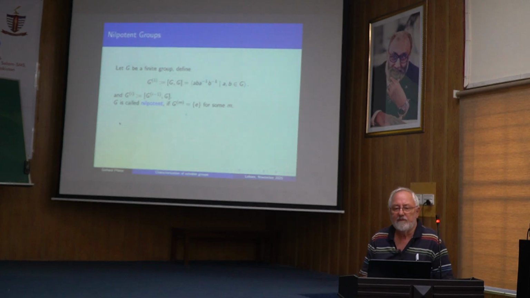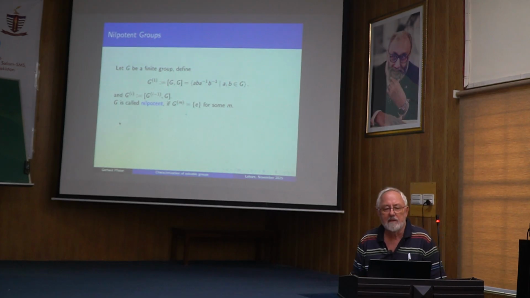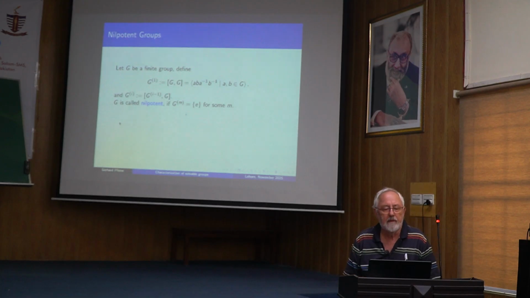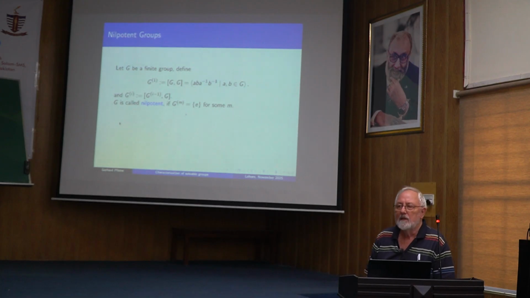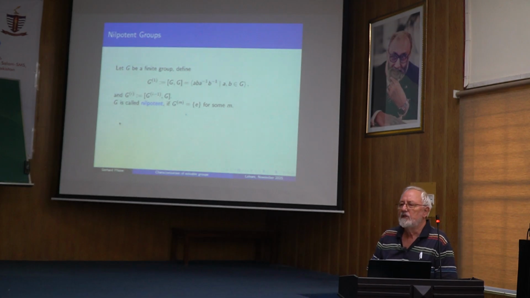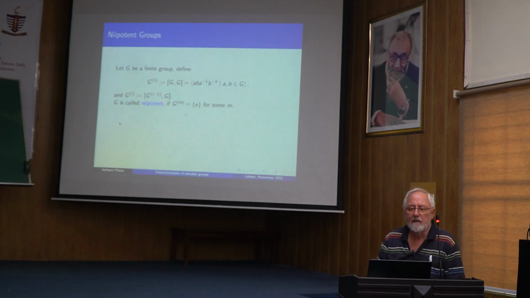So we start with a finite group and define G1 to be the commutator group of G. That means the group generated by ABA⁻¹B⁻¹ with A and B in G. And we repeat this process to define G_i, where G_i is the commutator of G_(i-1) with the whole group.